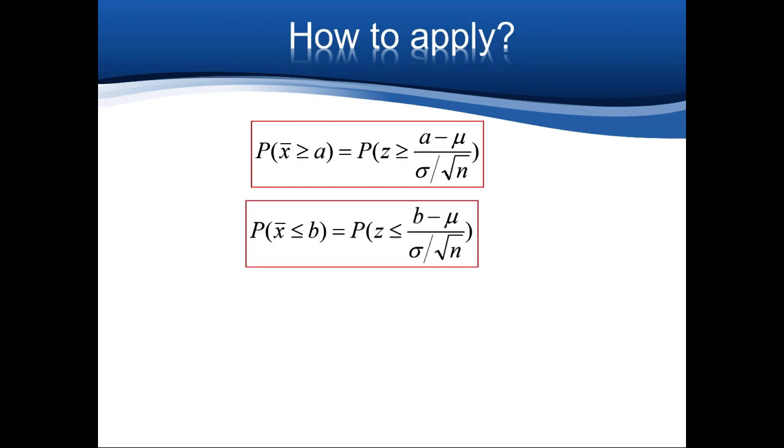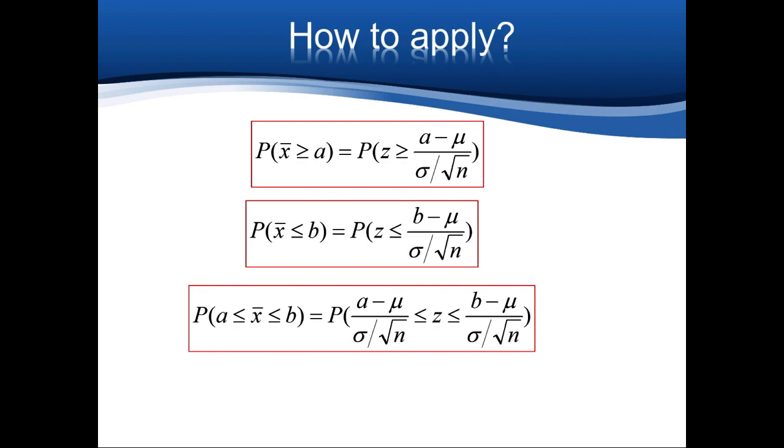Similarly, for the probability that x bar is smaller or equal to a number b, each side minus mu and divided by sigma divided by square root of n. The same applies for between two numbers a and b.